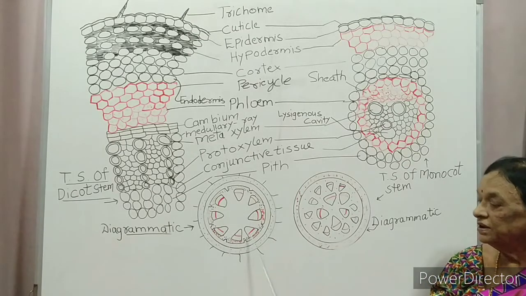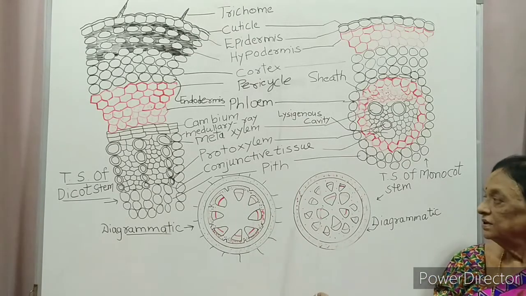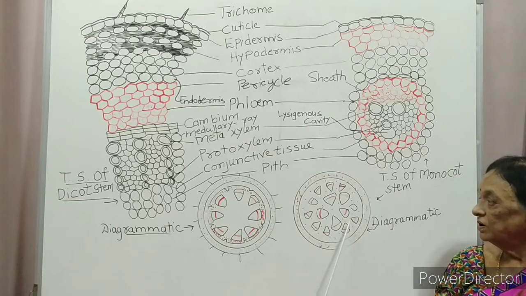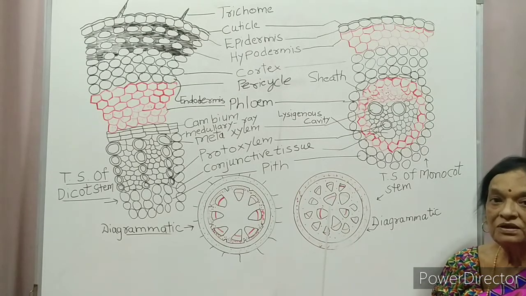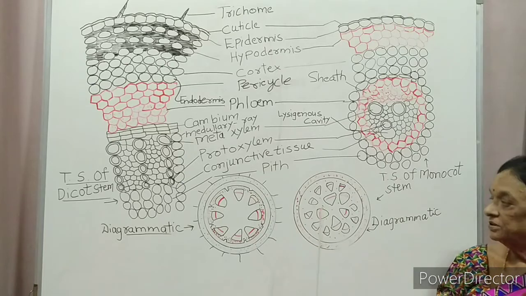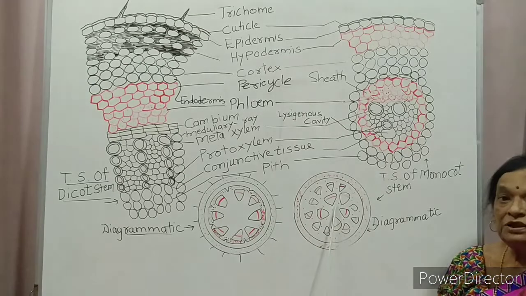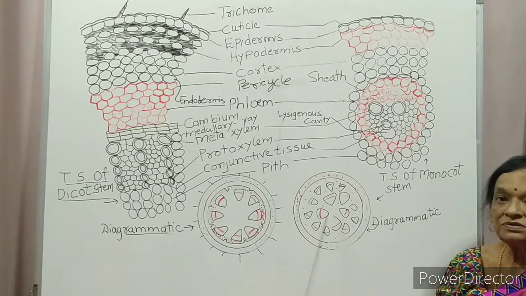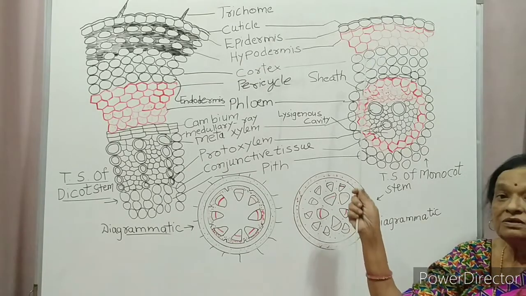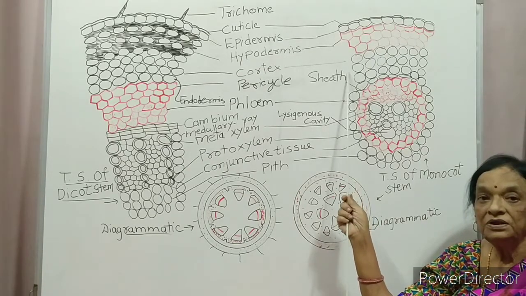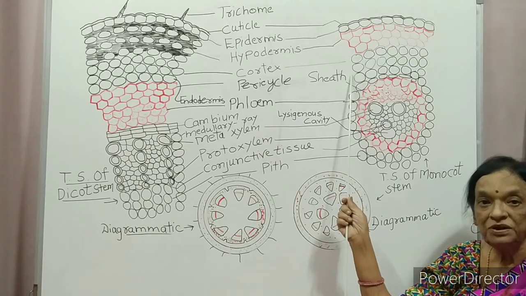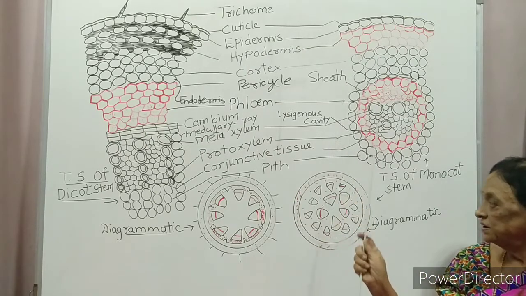In the dicot stem they are arranged in a ring, and in the monocot the vascular bundles are scattered. Now what is this? The complete TS of the stem, and it is a part of the TS of the complete stem magnified.